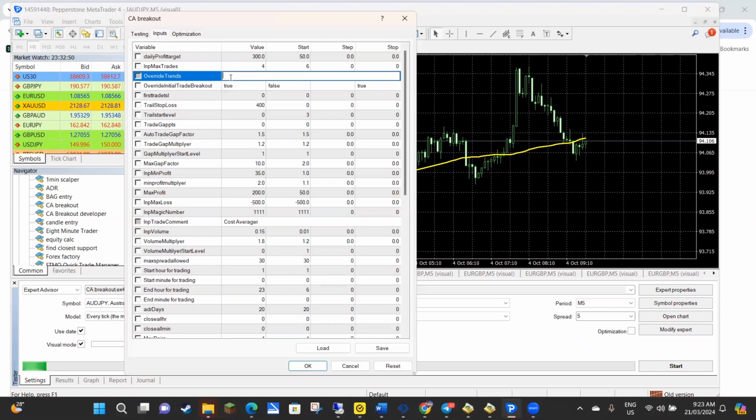That 5-minute range breakout is also required for all of the cost averaging trades too. But you can override the initial trade breakout. So if everything's lined up and looking good to you and you want to have a little bit more manual input, you can simply turn that to false, and that initial trade breakout will no longer be required.